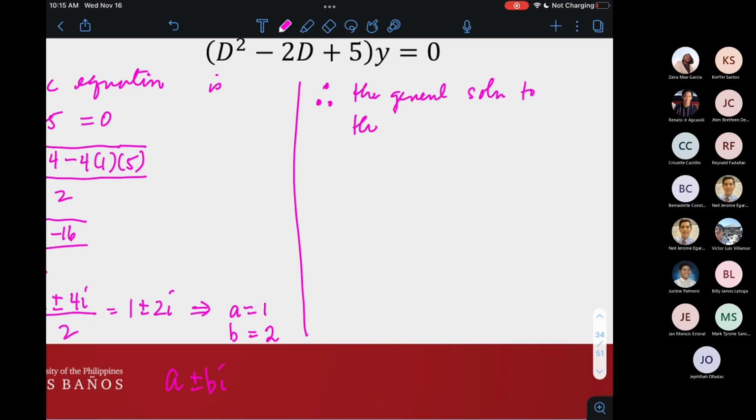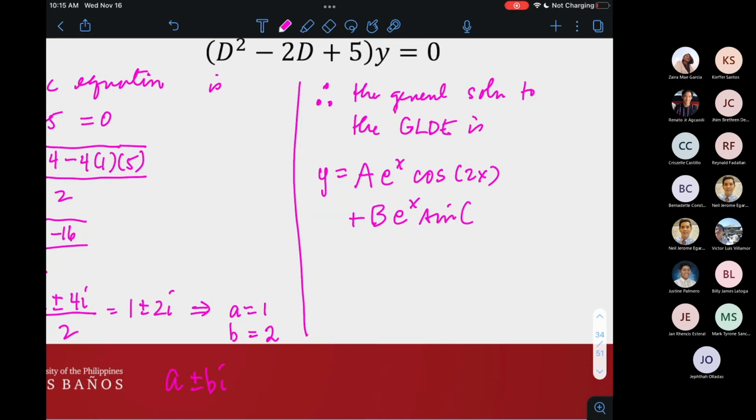to the GLDE, to the homogeneous GLDE, is a linear combination of the form constant times e to the ax, so e to the 1x, times cosine ng bx plus constant e to the ax times sine ng bx.